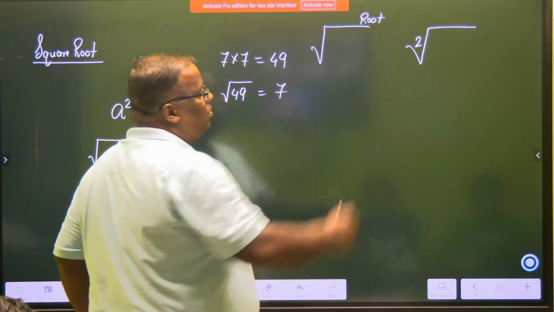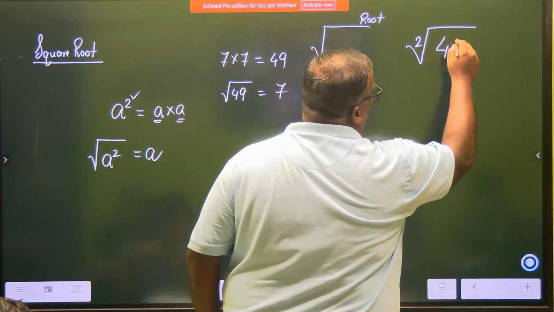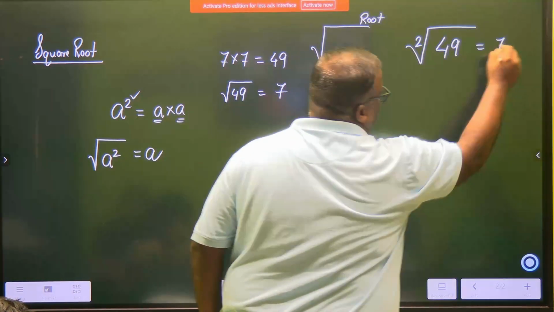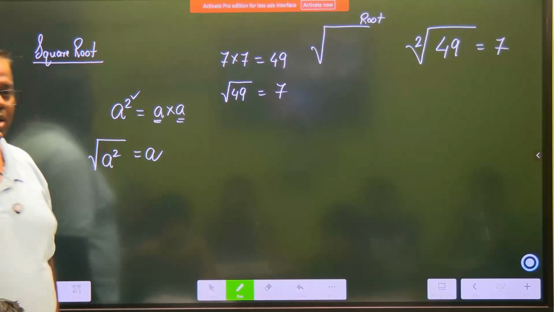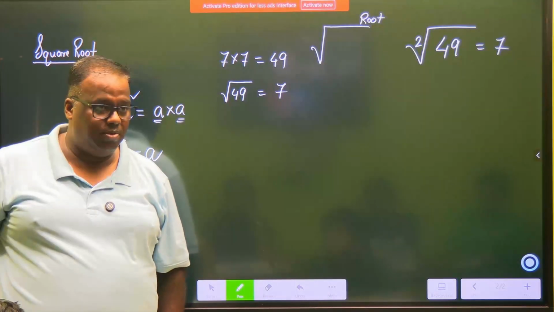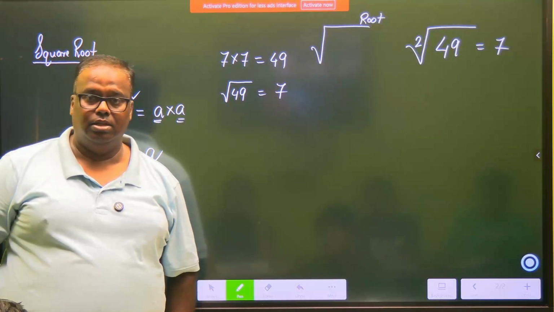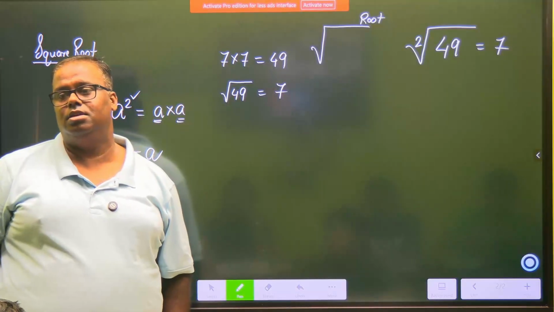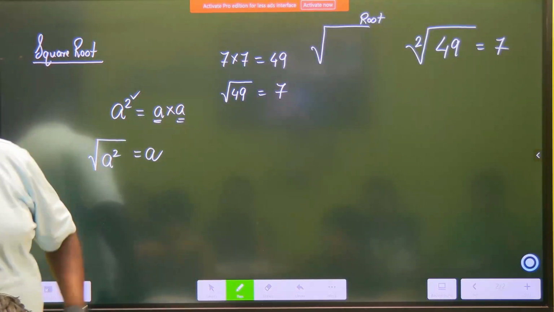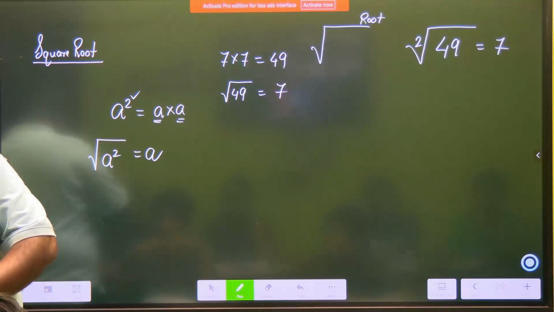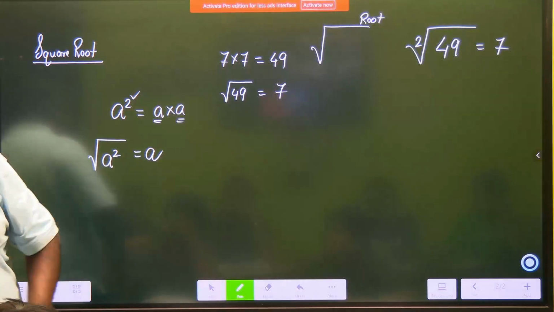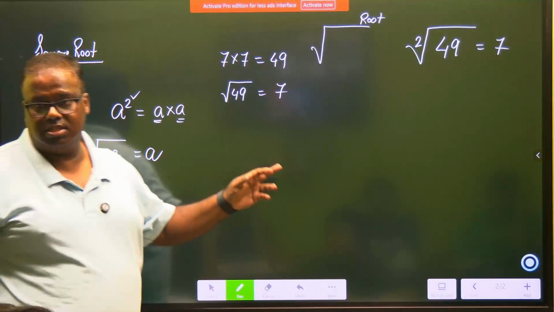So we will say the square root of 49 is equal to 7. Square root is just the opposite of squaring. If squaring a number 7 gave me 49, then square root of 49 is 7.